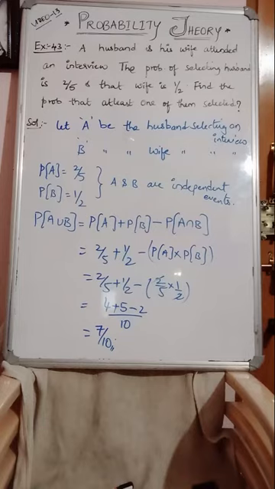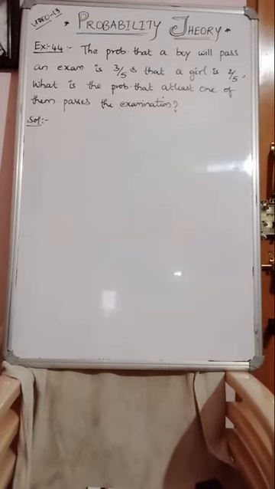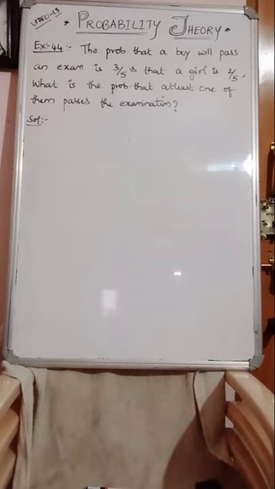Now let us see a few more examples. Look at this, guys. It is a similar kind of problem, just like the previous one. The probability that a boy will pass an exam is 3 by 5 and that a girl will is 2 by 5. So let us consider two events here: a boy passing an exam and a girl passing an exam. Clear? Both the probabilities are given.